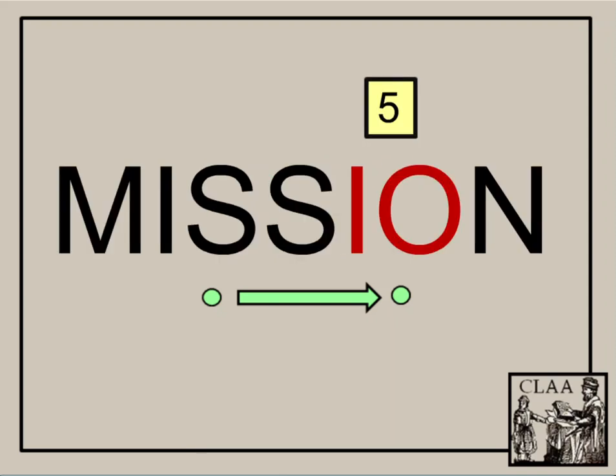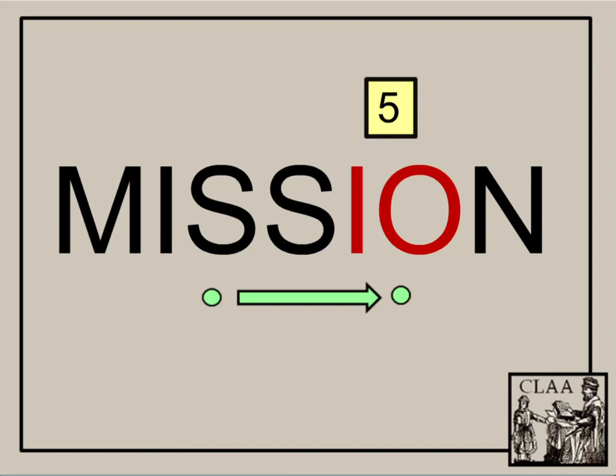There is one more digraph in English with the letter I. It's the digraph I-O at the end of a word that ends in N. If you look carefully at this word, you can see the digraph I-O in red.